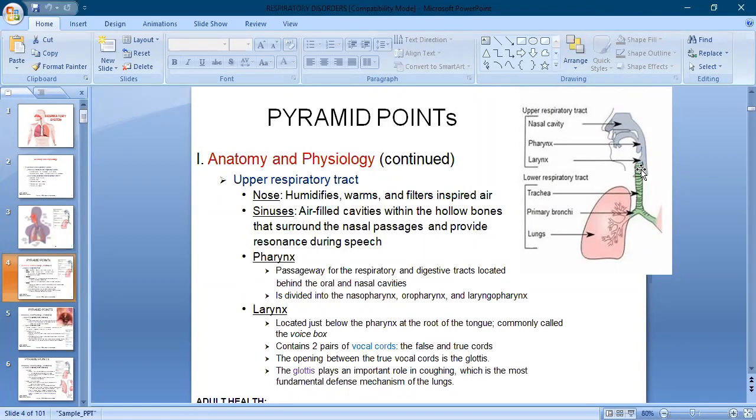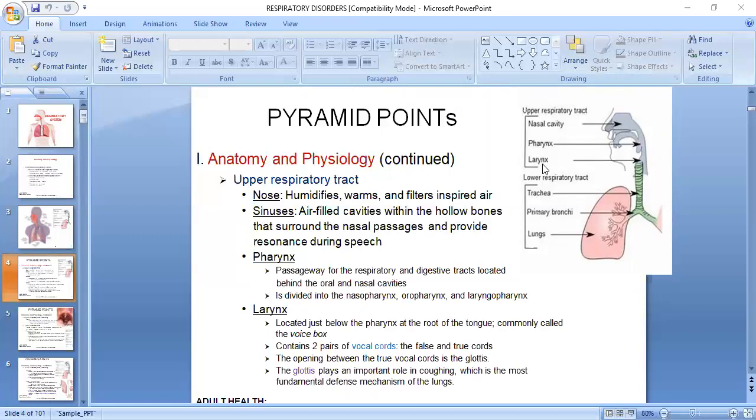And the part of the pharynx close to the larynx is called the laryngopharynx. Here, it is behind the nasal cavity, nasopharynx; behind the oral cavity, oropharynx; and this is the larynx, and the portion close to the larynx is the laryngopharynx.